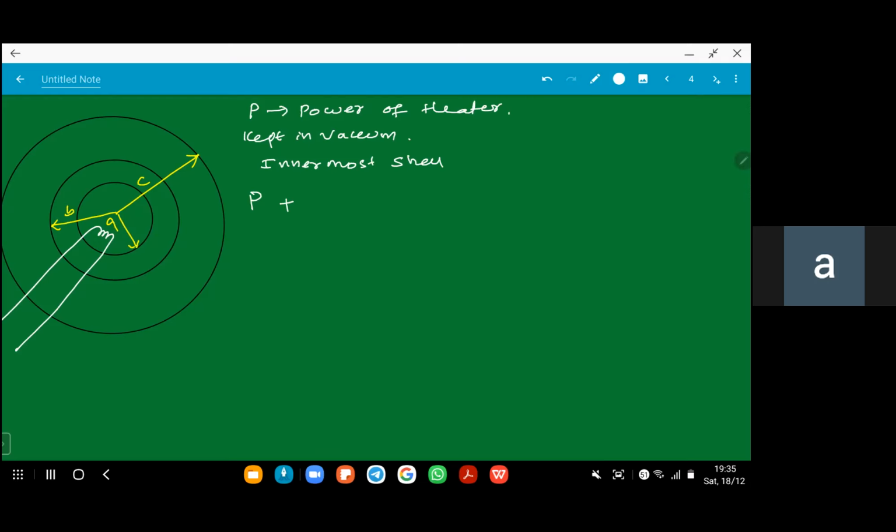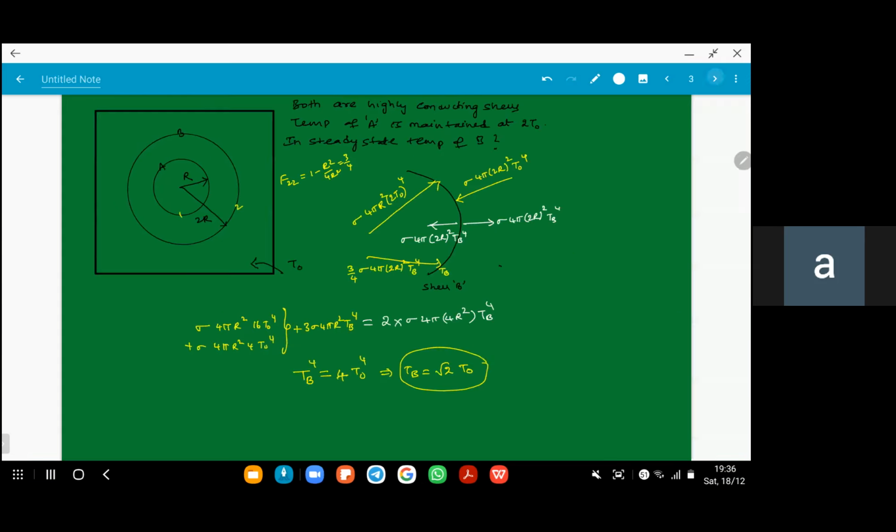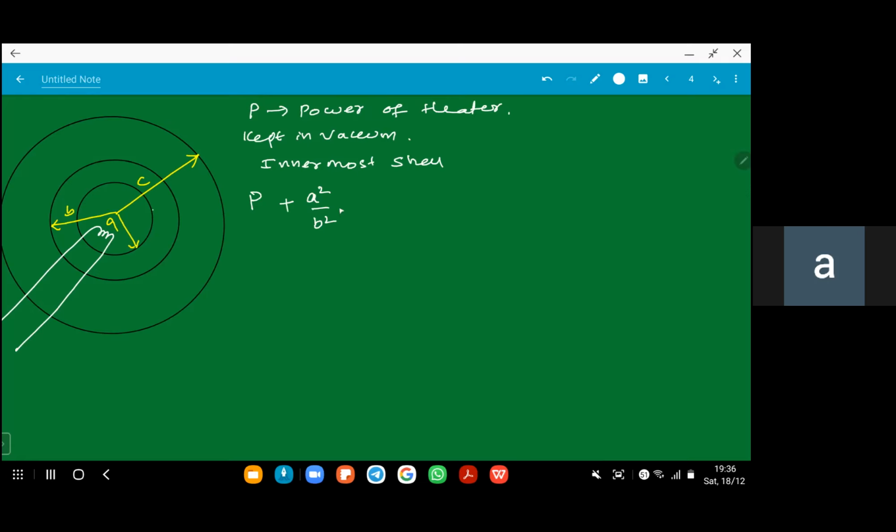Don't forget F. What is this? F21. For these two combinations, F21 is A square by B square. So A square by B square. Don't forget. I told you clearly, A square by B square of this. A square by B square, sigma 4 pi B square TB power 4.